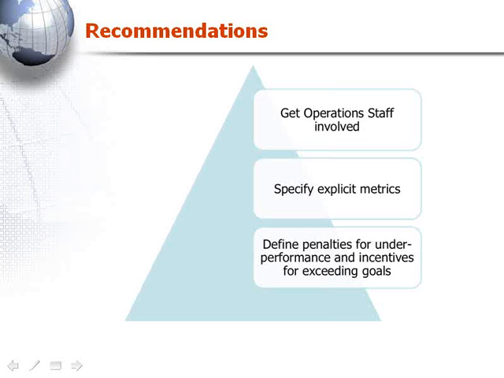It is under their control, but you don't want to get surprised by that. Do you also want to provide penalties for poor performance or non-performance, and at the same time provide incentives for exceeding objectives and goals? So these are some of the key considerations that you should put in place before you finalize a contract.